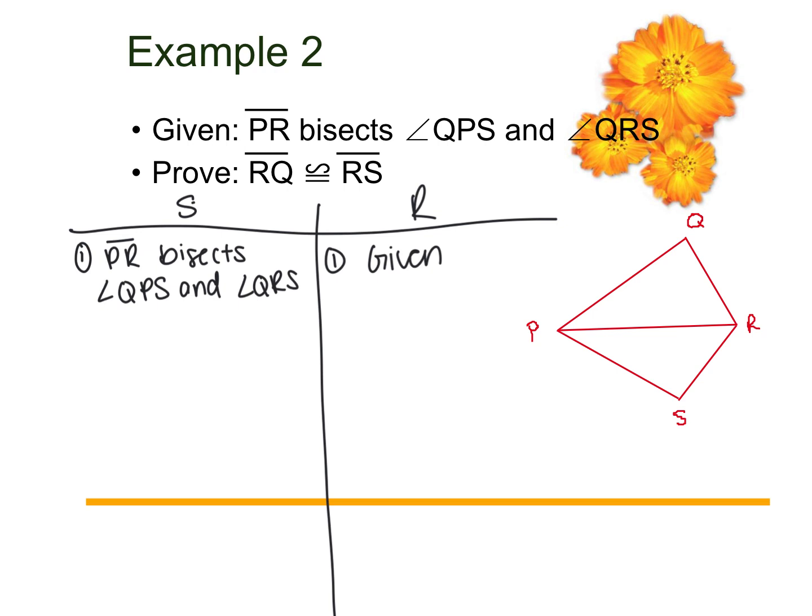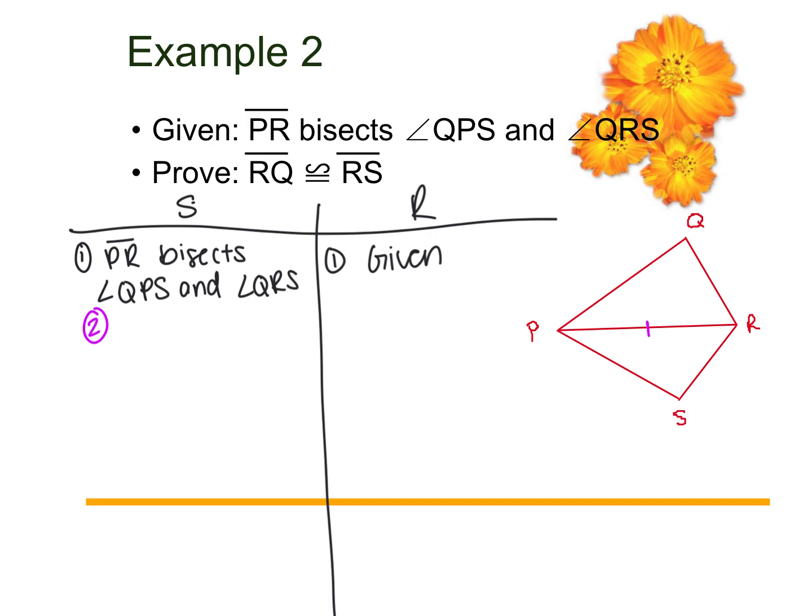All right, looking at this example, you could have written it in a different order for the 2 that I'm going to write, but you should have been able to see these. Looking at your papers, a lot of you guys did reflexive first, which is perfect. That's fine. So we should know that the shared side is going to be reflexive. So my shared side, I'm going to represent it here with my purple line.